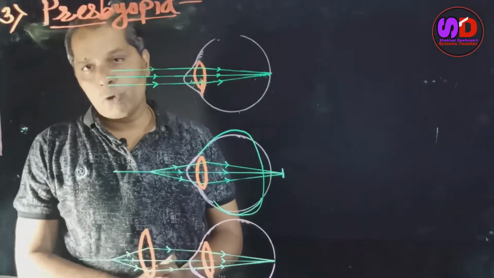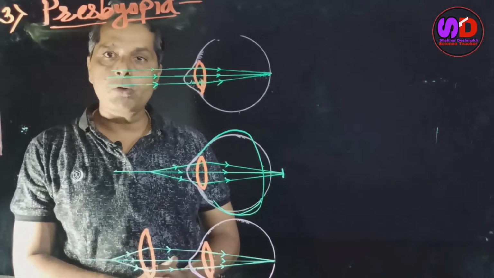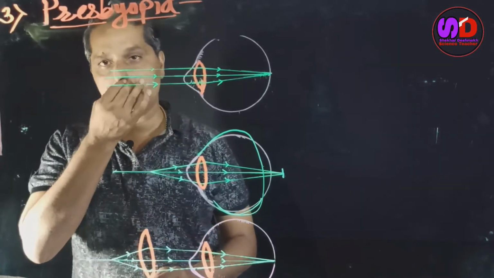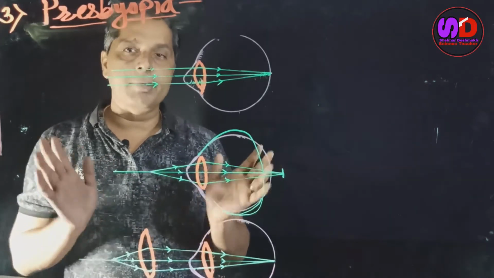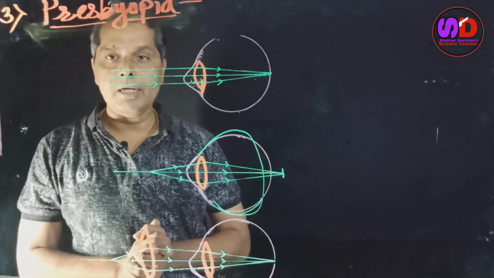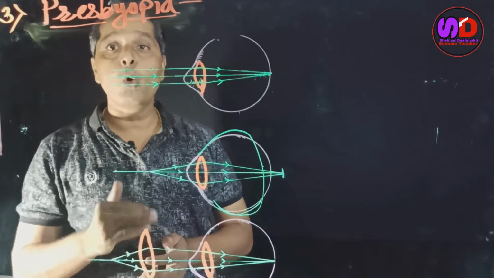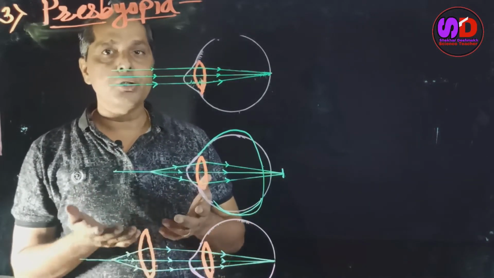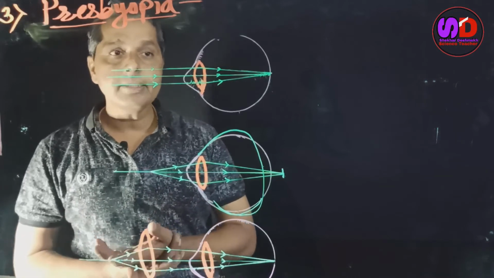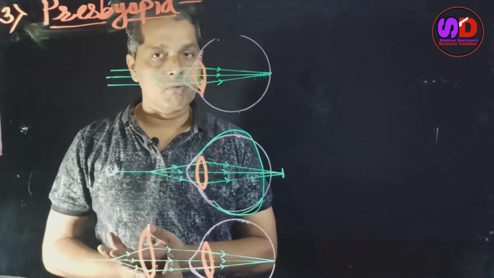So what is presbyopia? Presbyopia is the third refractive defect. It is nothing but hypermetropia, but it is also called old age hypermetropia. That means as the age increases, what happens?